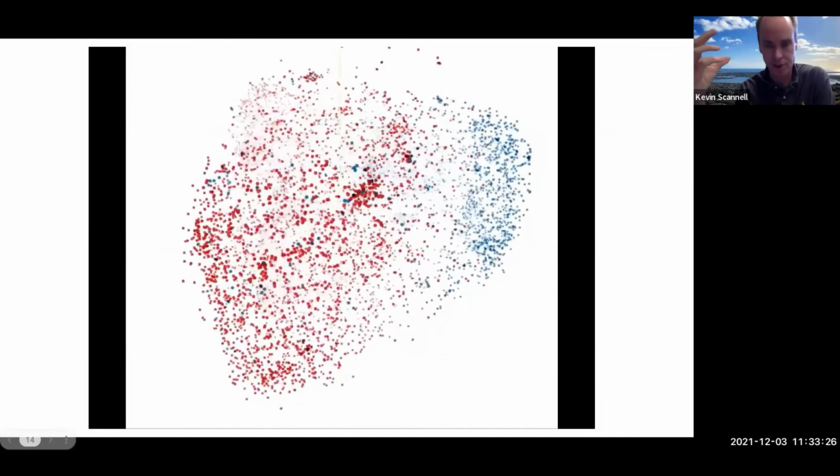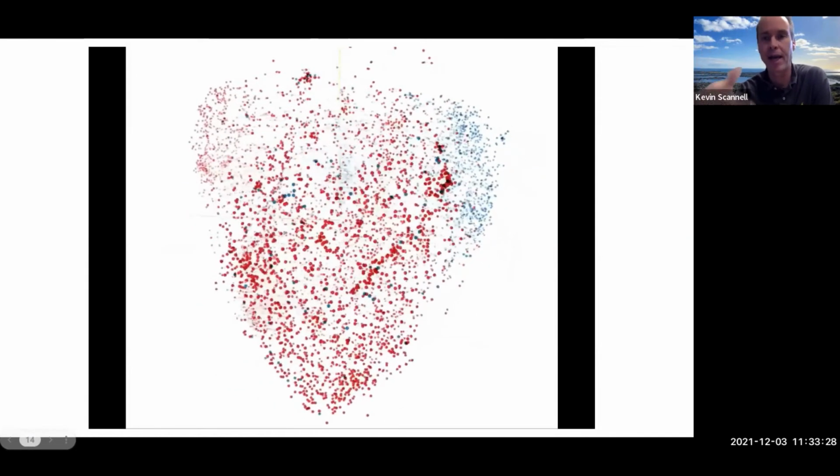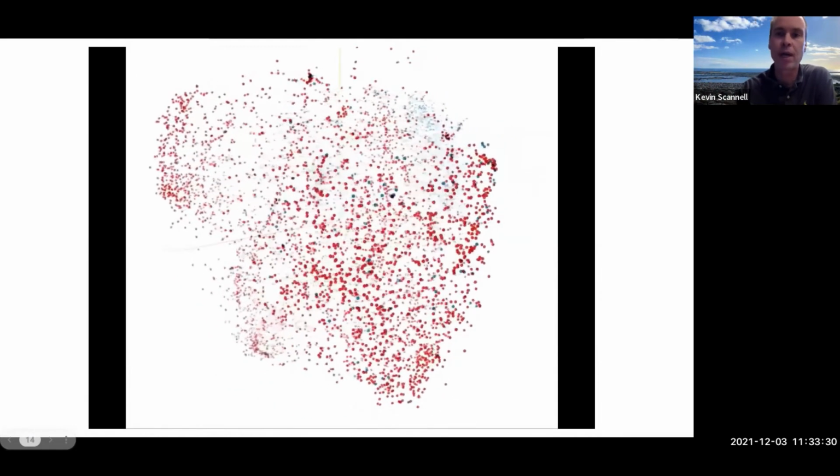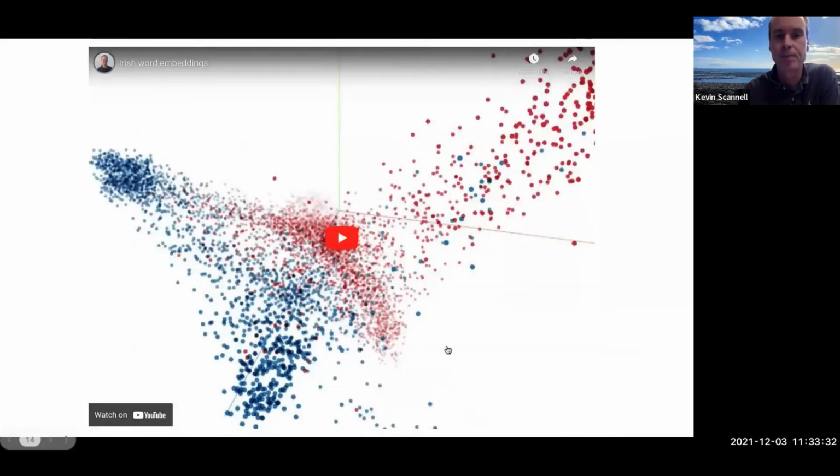There's a separate cluster for the nouns that start with L and R, which are not mutatable, and so on. I did this in part because it was fun and interesting, but also to give some confidence that this thing really is learning what it needs to be learning to make these predictions.